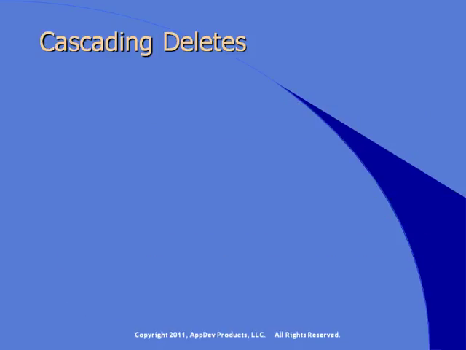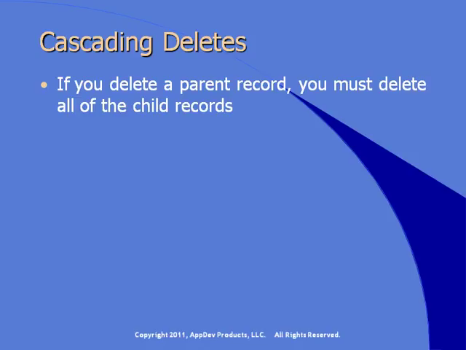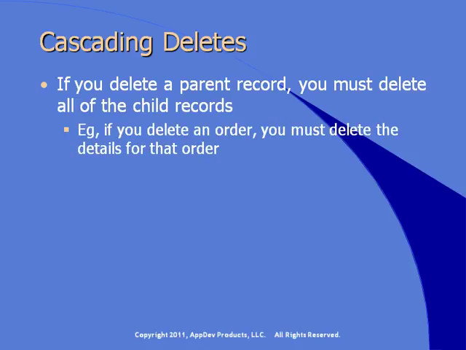We just talked about adding orders and order details. Deleting them is a good example of cascading deletes. So the rule is if you delete a parent record, you have to delete all of the children. So if you delete an order, you have to delete the order details. You can't have order details in the order details table if there's no associated order. So you might think when you're deleting an order that you first delete the order and then you individually delete the order details.